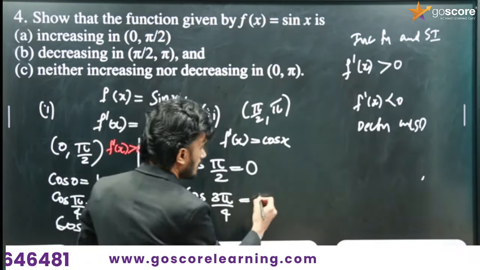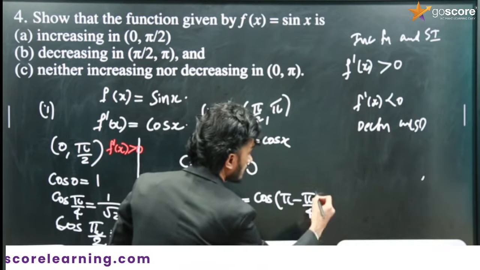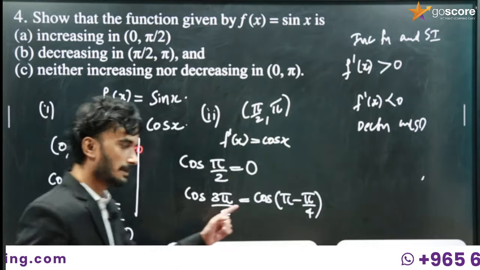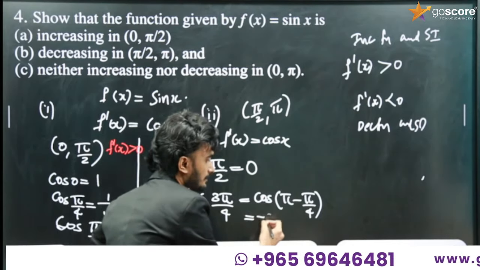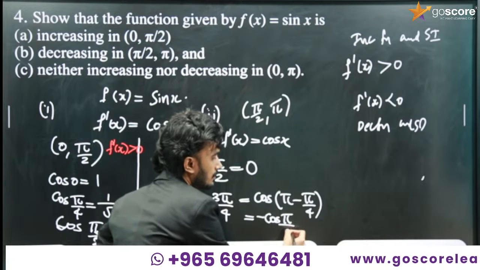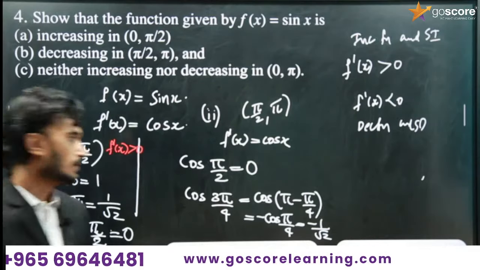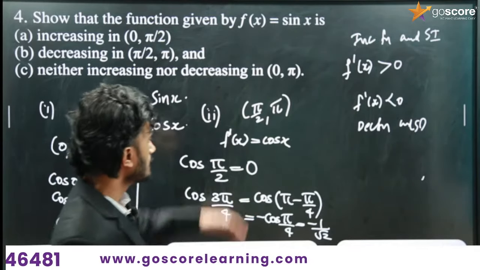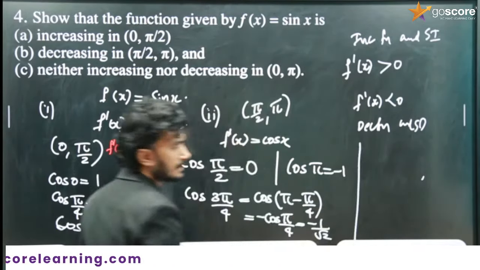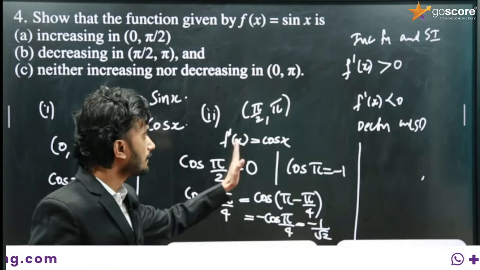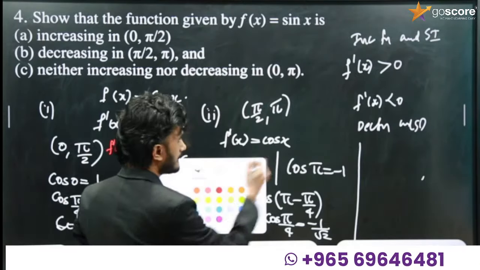We can write it as cos of pi minus pi by 4, which is minus cos pi by 4, so the value is minus 1 by root 2. Then cos pi is minus 1. So f dash of x is clearly less than 0.